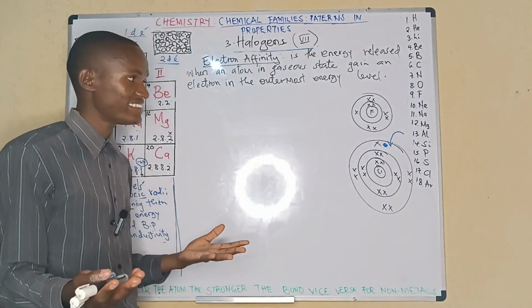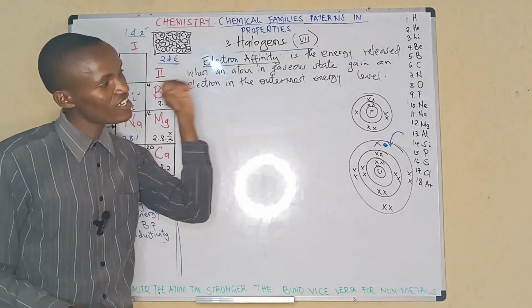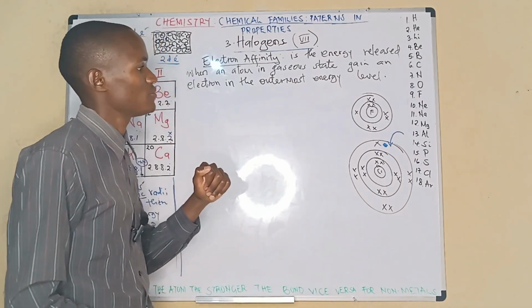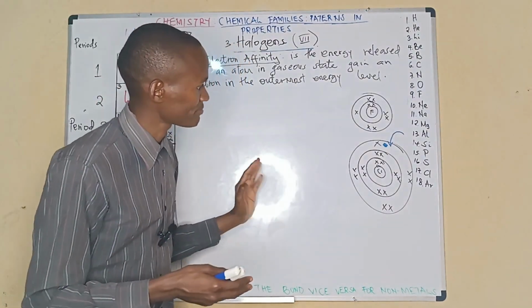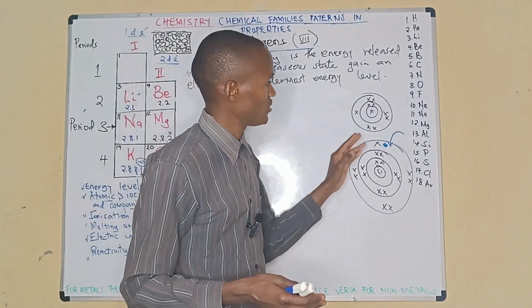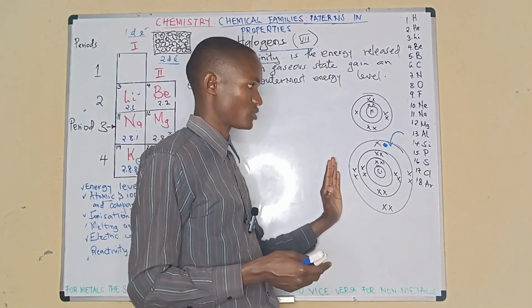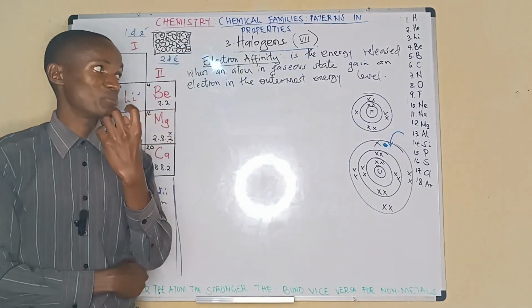Nuclear charge applies to everything from metals all the way to noble gases. They have nuclear charge too, because it is the attraction between protons and electrons in an atom. So we are talking of the small atom fluorine. It is smaller as compared to chlorine, and therefore it holds its electrons firmly.